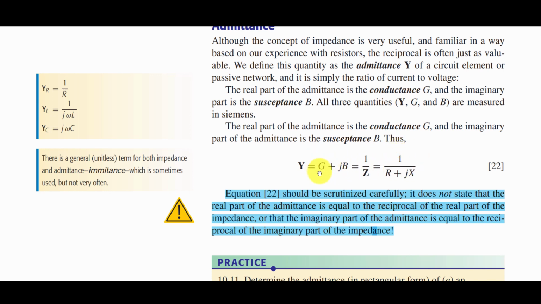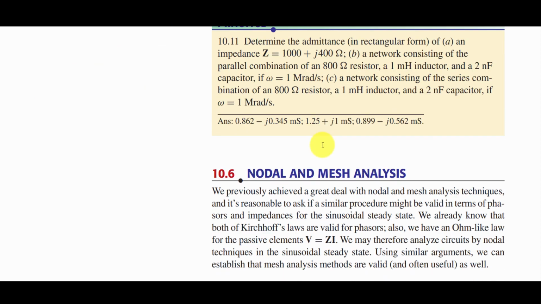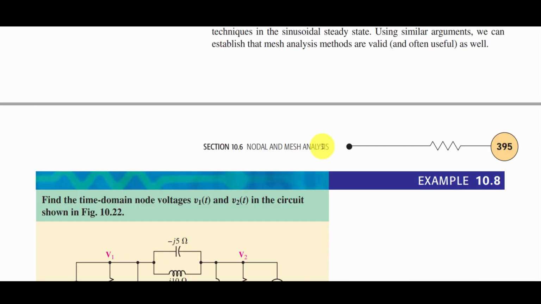The real part of this admittance is known as the conductance, and the imaginary part is known as susceptance. But watch out: 1 over R does not mean G and 1 over X does not mean B. You have to take the inverse of the whole complex number to figure out the real and imaginary parts of the admittance, and the unit is Siemens or mhos.